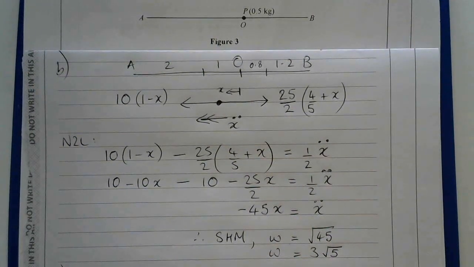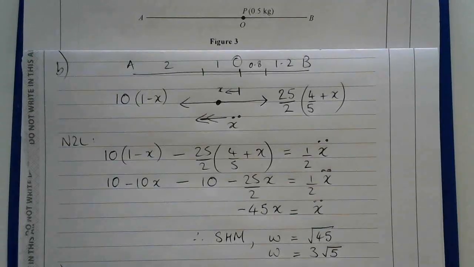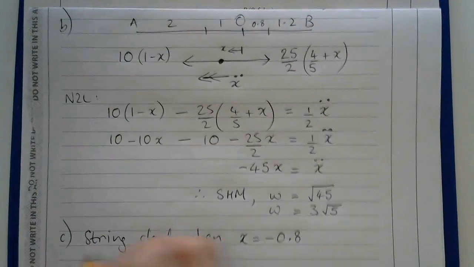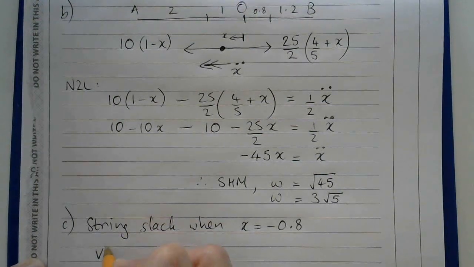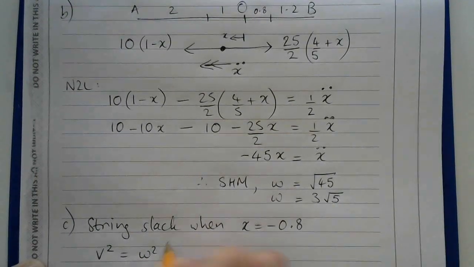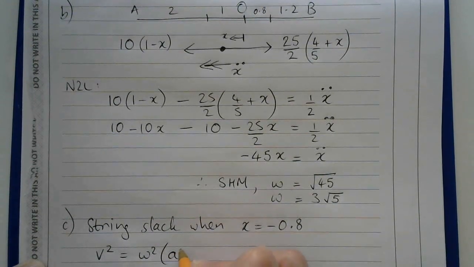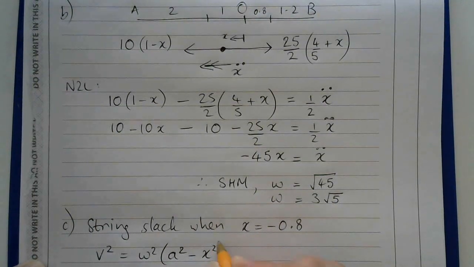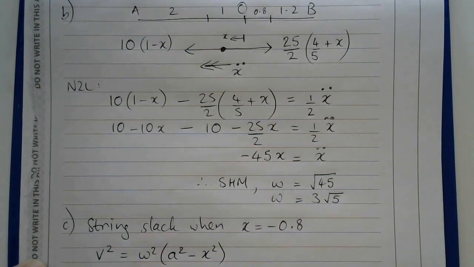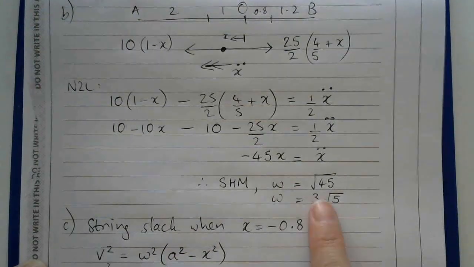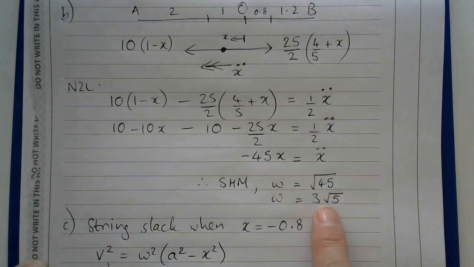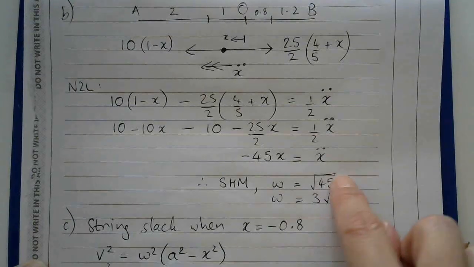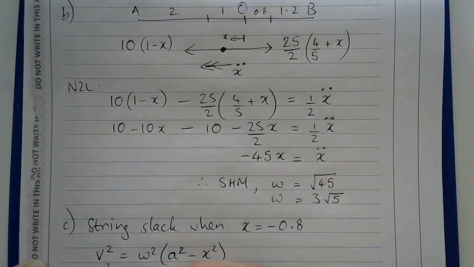And at that point I'm looking for the speed. So I'll use the equation v squared equals omega squared bracket amplitude squared minus x squared, and omega I have here, so omega squared will give me 45.